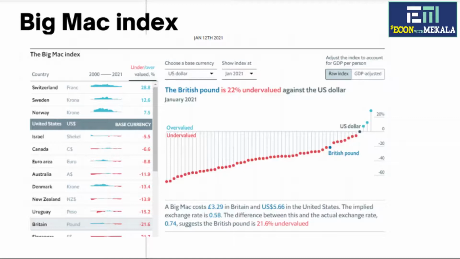If we look at the actual exchange rate, that is 0.74, which means the British pound is 22% undervalued against the US dollar when we compare the Big Mac prices. So try to understand purchasing power parity is a common currency we are using to compare prices between different countries. It's not the same as exchange rates.